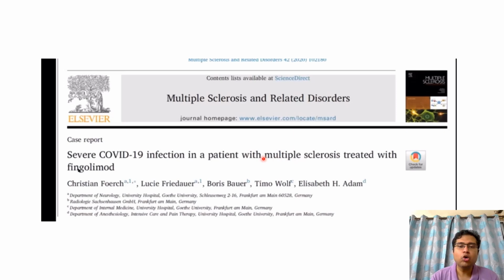Now concerning the COVID-19 pandemic, here again patients who are on fingolimod for the treatment of multiple sclerosis developed severe COVID-19 infections as compared to other drugs. So these are the complications of the treatment of multiple sclerosis that we have to keep in mind.